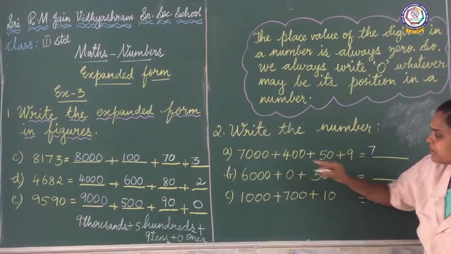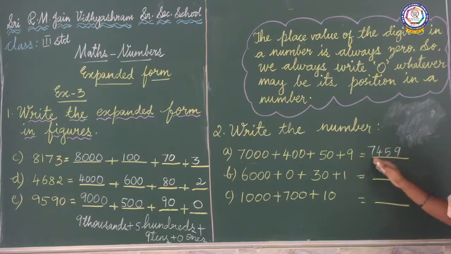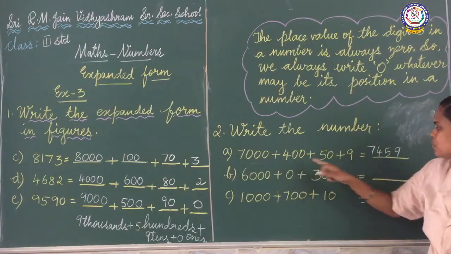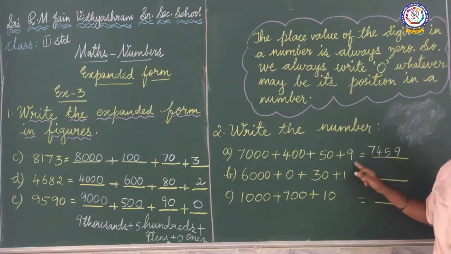Next, hundreds place 4. Next, tens place 5. Next, ones place 9. So what's the number you got? 7459. So thousands place 7, hundreds place 4, tens place 5, ones place 9.